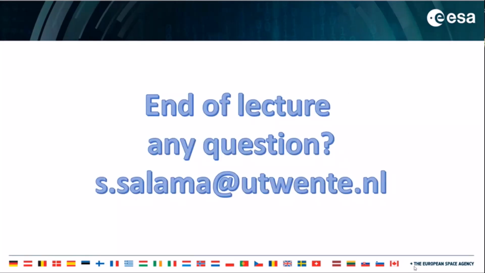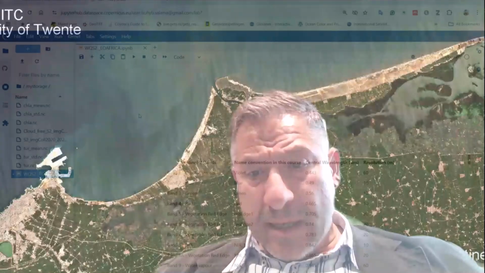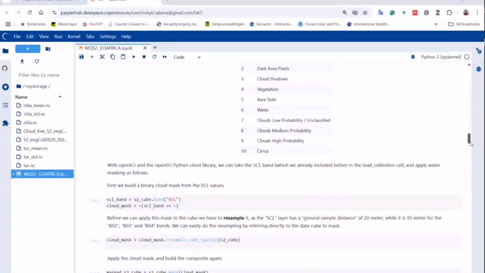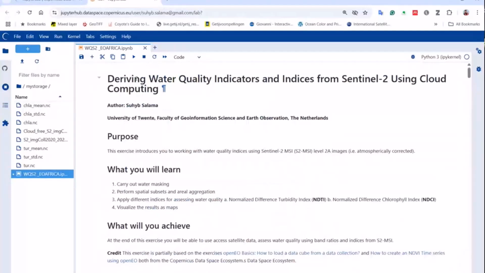I will switch to the website. I will share this Jupyter notebook with you later on, but let me show you.